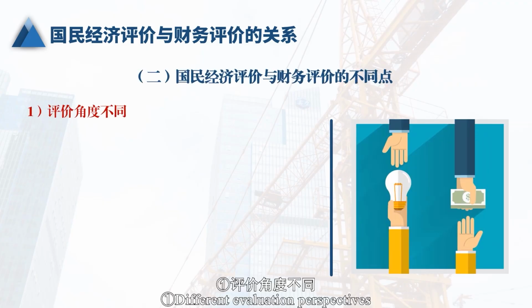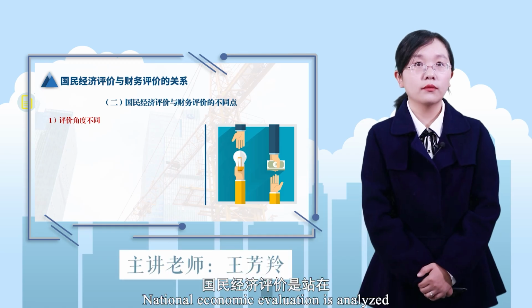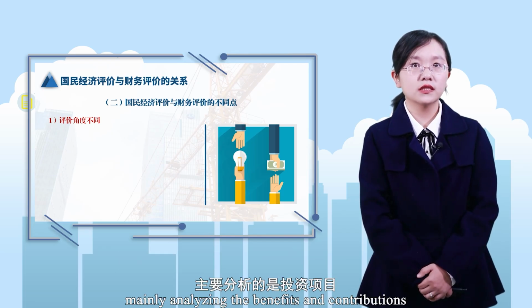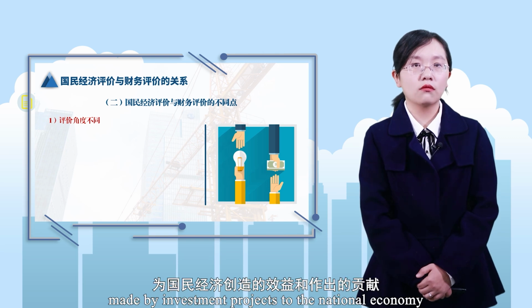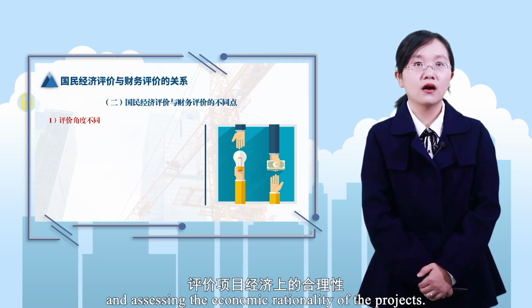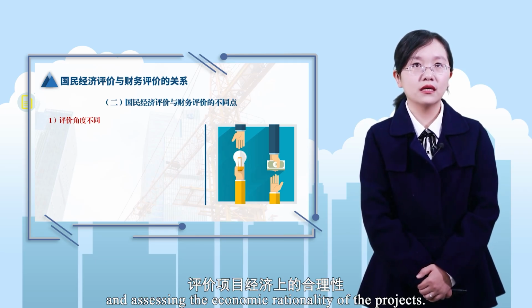First, different evaluation perspectives. National economic evaluation is analyzed from the perspective of the country as a whole, mainly analyzing the benefits and contributions made by investment projects to the national economy, and assessing the economic rationality of the projects.